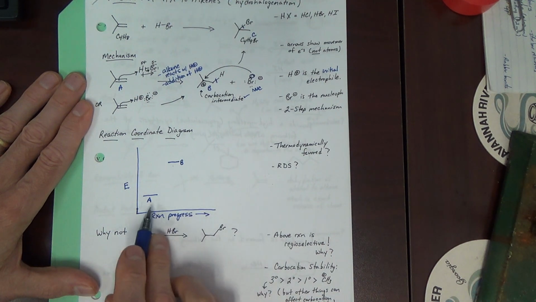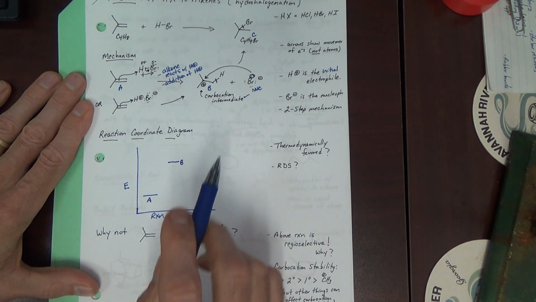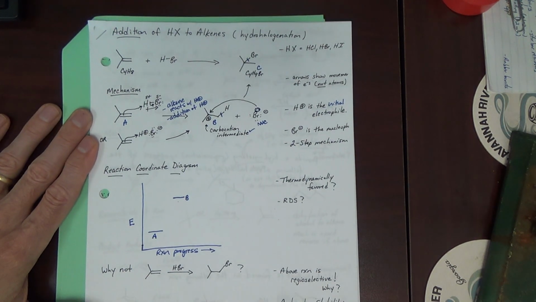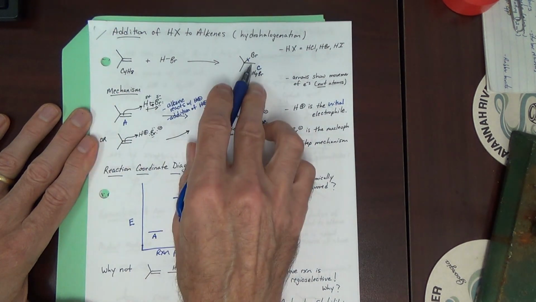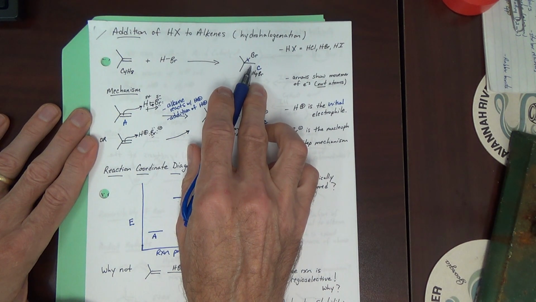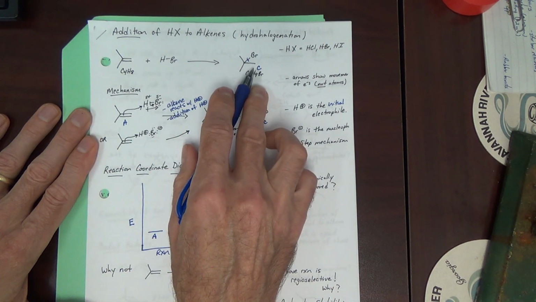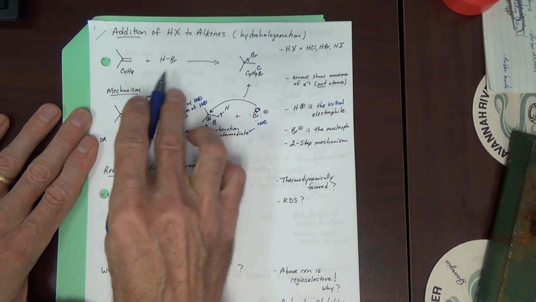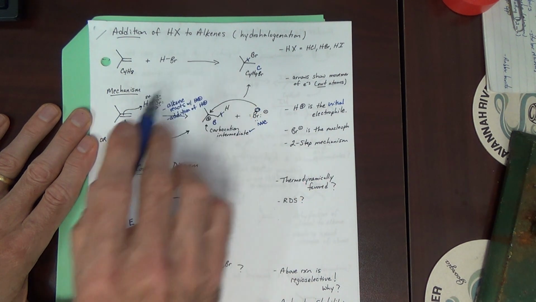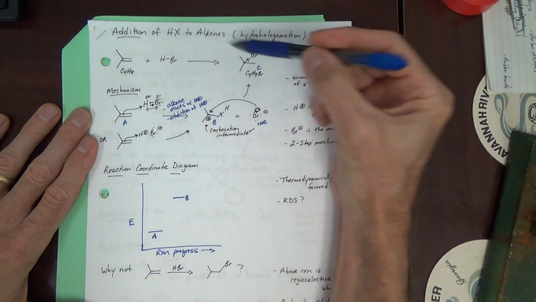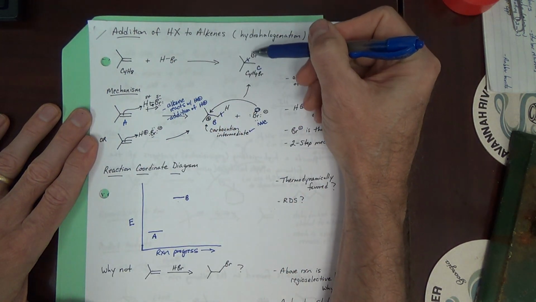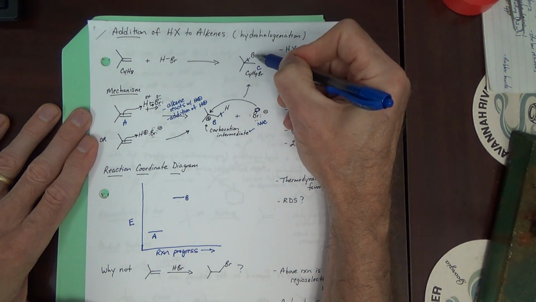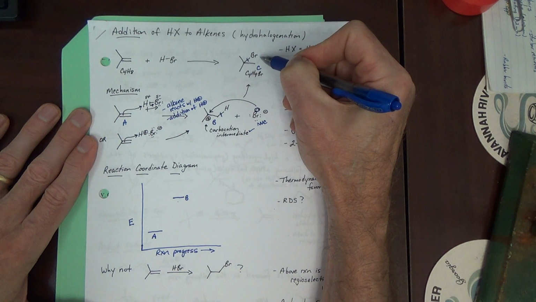This is going to be back down similar to A, but will it be higher or lower than A? And actually, this is where you might pull out your calculator and do a thermodynamic calculation, but we should be able to qualitatively assess this, and we've gone from a pi bond to two new sigma bonds. CBr bond, but also the CH.